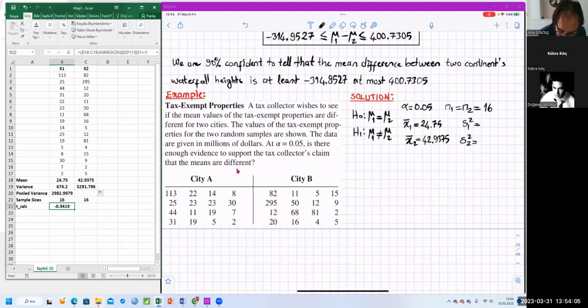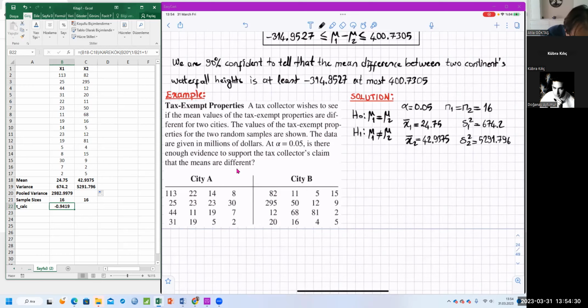S1 square is 674.2, S2 square is 5,291.796. Okay, fine. I have completed working out with the variances.